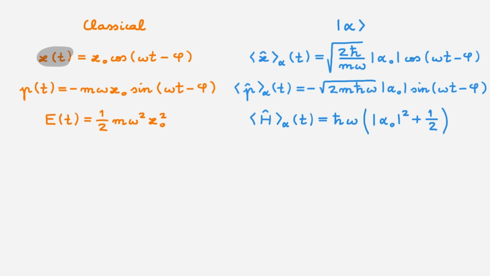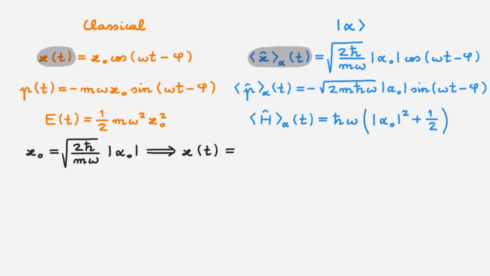Comparing the classical position here with the expectation value of the position in the coherent state here, we see that if we identify the amplitude x0 of the classical motion with this expression in terms of alpha 0, it then follows that the classical motion is exactly reproduced by the motion of the expectation value of the quantum particle in a coherent state.